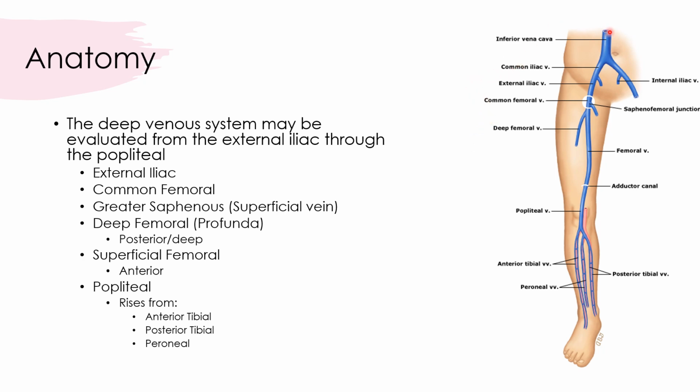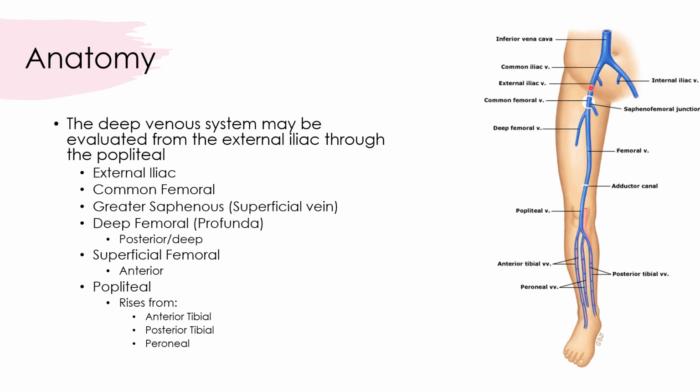So we have our IVC that is in our abdominal cavity, of course. Its origin is going to be from the anastomosis of the left and right common iliac veins. Those common iliac veins are created by the external and internal iliac veins coming together.